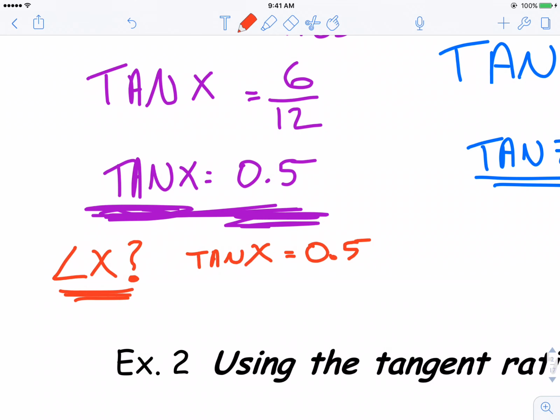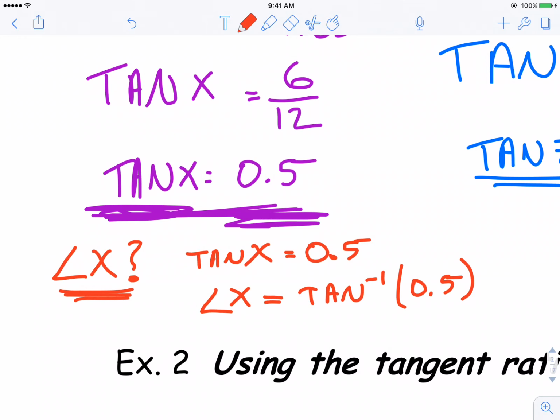If I know my tangent ratio for an angle has some value, then on my calculator, if I'm looking for an angle, I have to perform the following steps. If tangent x is 0.5, then angle x has to be the inverse function of tangent, tangent minus 1, of 0.5.